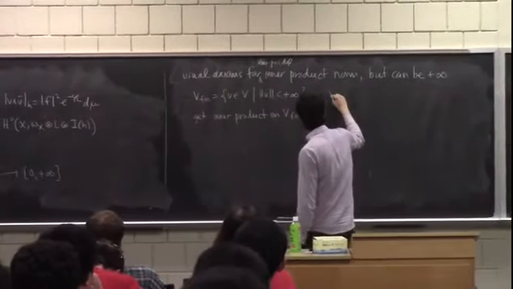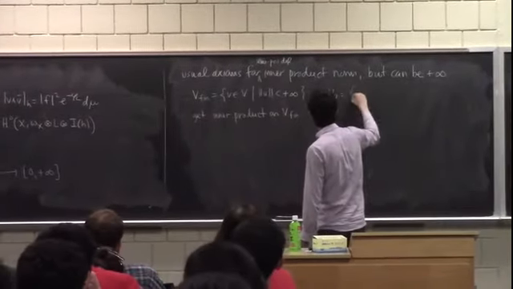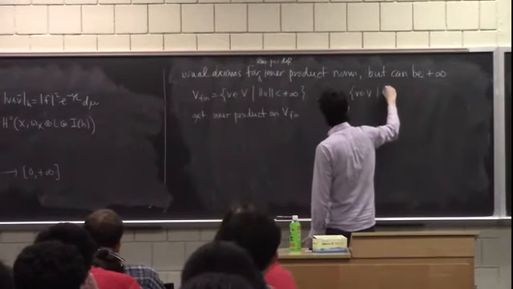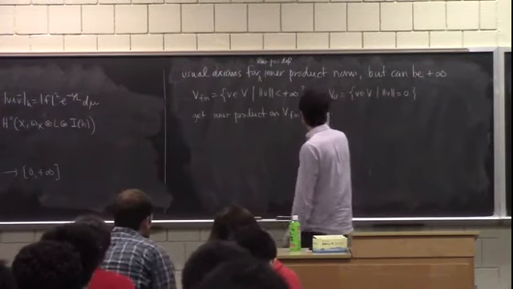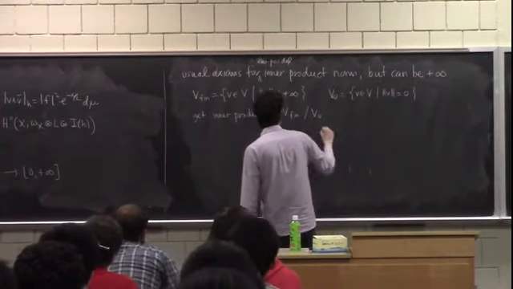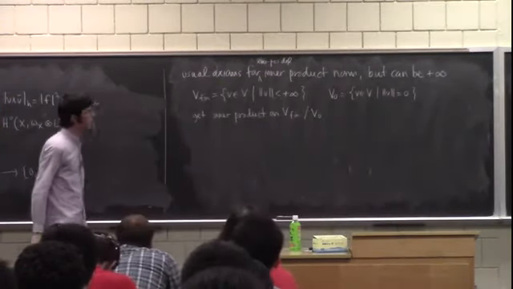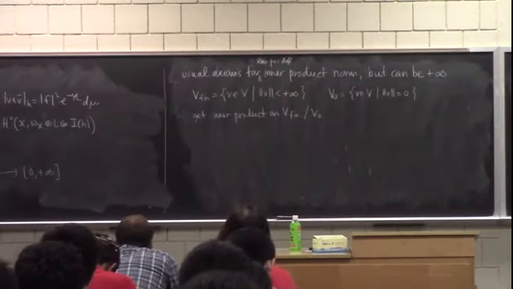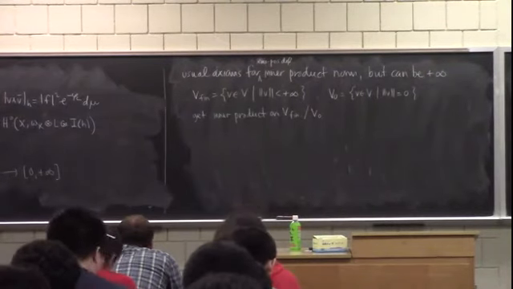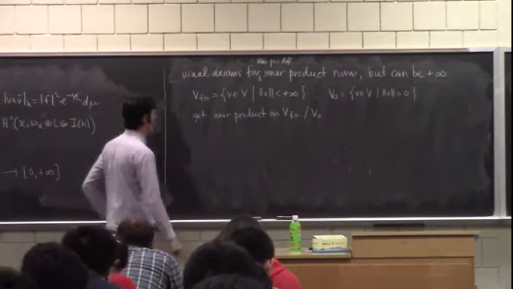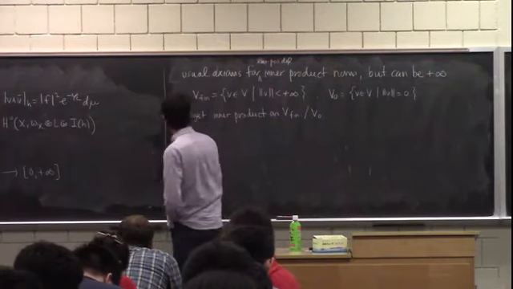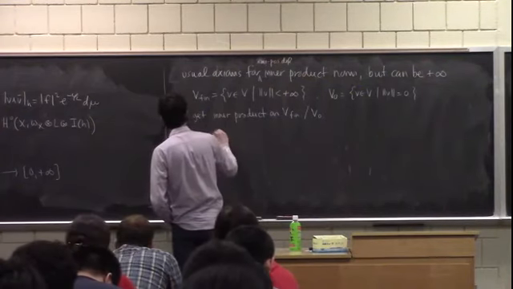Now I get another subspace, which is the set of vectors with zero length. Then I get a well-defined inner product on the quotient, the finite vectors modulo the vectors of length 0, and that is an actual positive definite inner product. You get this using polarization.